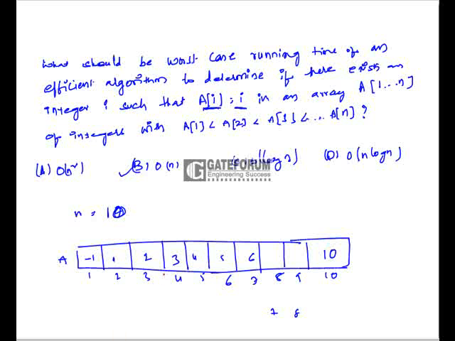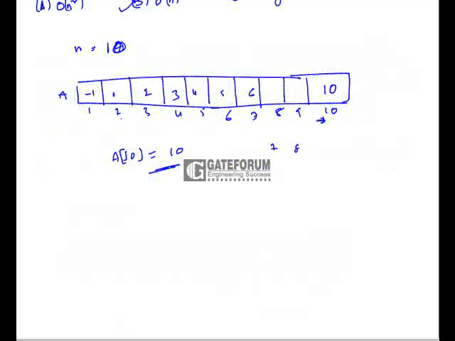So here we have to search for the element I such that a of I is equal to I. That means the position number and the element should be the same. Here a of 1 is not 1, so this fails, and a of 2 is 1, and so on. It will come up to a of 10, and here a of 10 is equal to 10. So the integer I is 10.